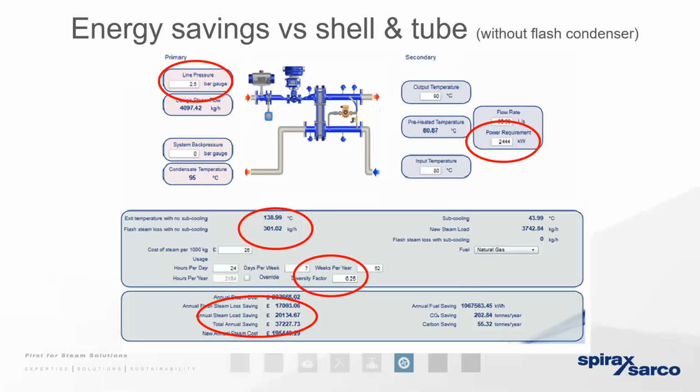So it would be impractical, but just imagine if we were condensing the steam in the heat exchanger at 6 bar gauge. Well, at 6 bar gauge, the temperature of the steam would be 165 degrees. The temperature of the condensate would be 165 degrees.